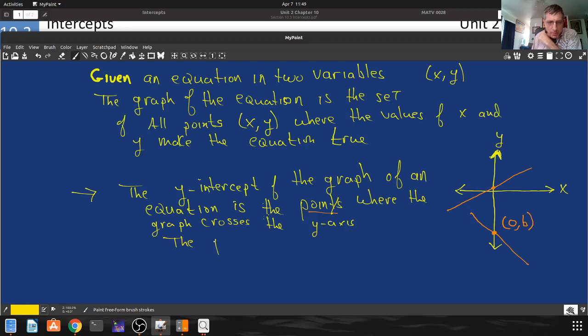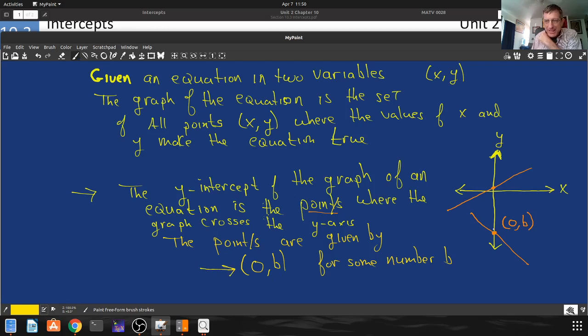These points are given by (0, b) for some number b. So this is important. That's how you recognize it in the mathematical symbolism.